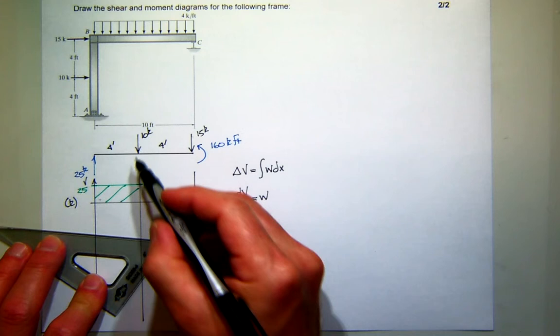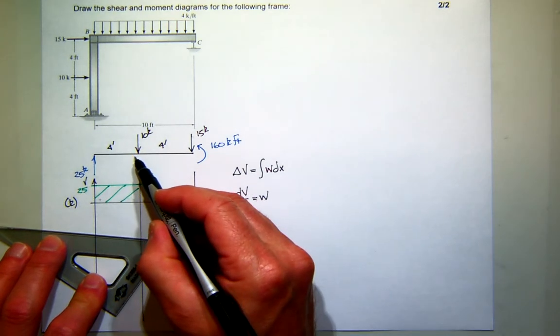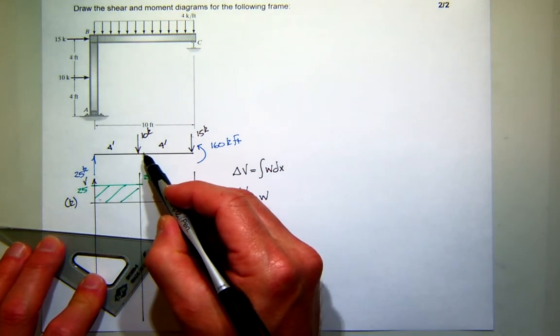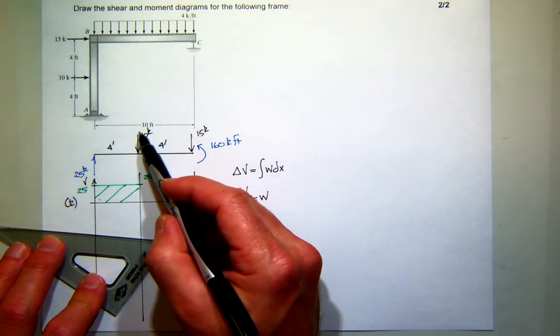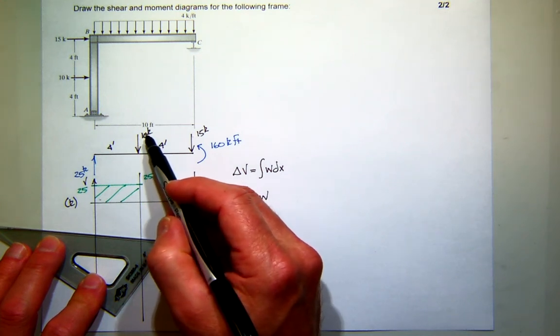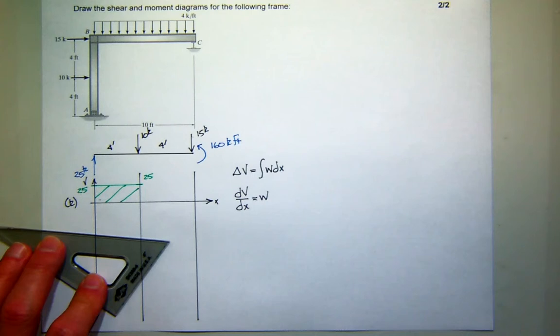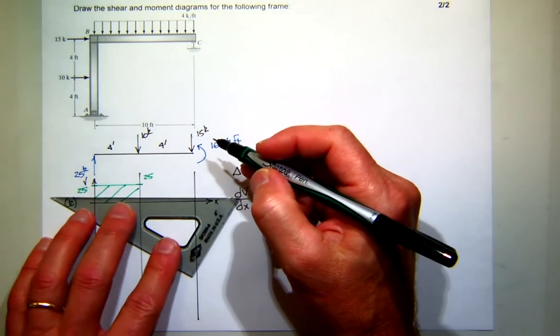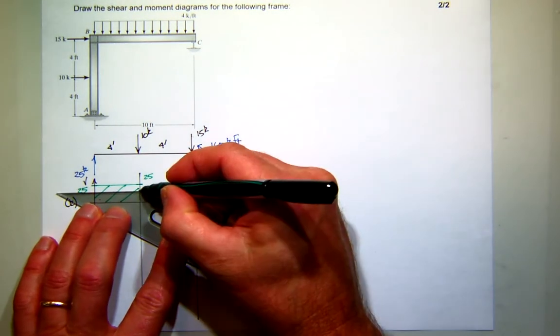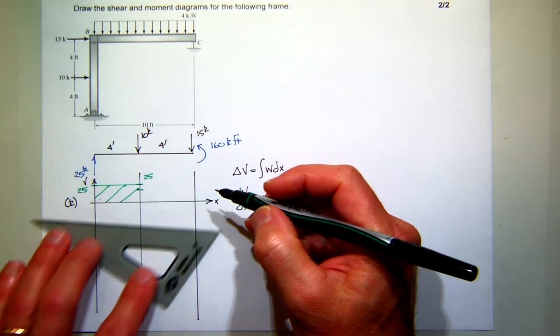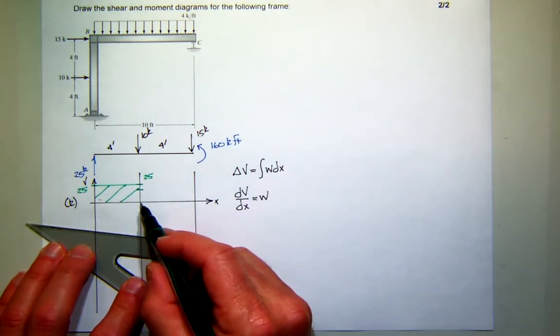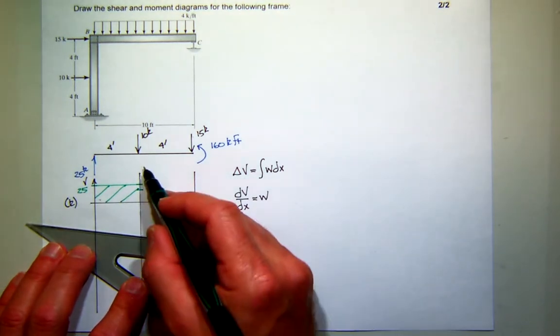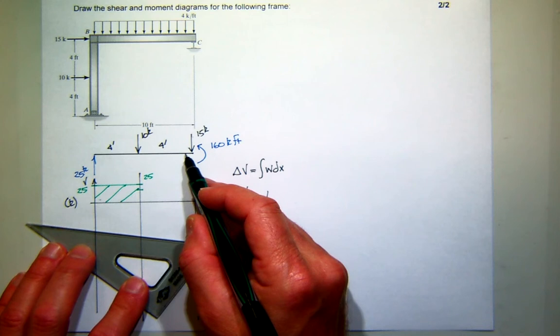Now, as we go from the left side of this 10 kip force to the right side, what happens to the shear? It changes how much? 10 kips, positive or negative? Negative. So 25 minus 10 brings us to 15. And then the change in shear over the next 4 feet is the area under the load curve, and that is 0.